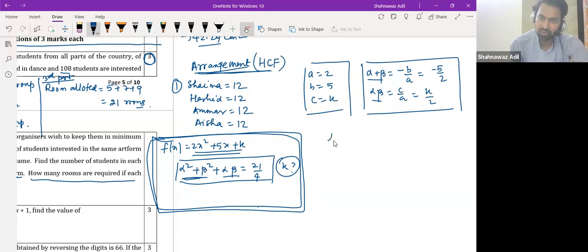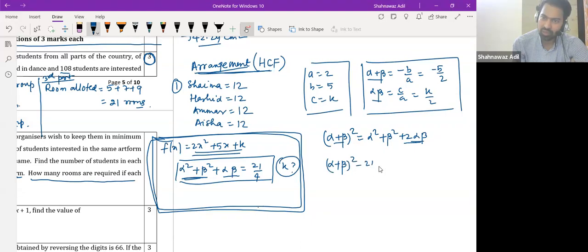We know that alpha plus beta whole square is alpha square plus beta square plus 2 alpha beta. Because we know this one and this one, we can calculate the other. If we take the term to the left hand side, alpha plus beta whole square minus 2 alpha beta is alpha square plus beta square. So now we can calculate alpha square plus beta square.